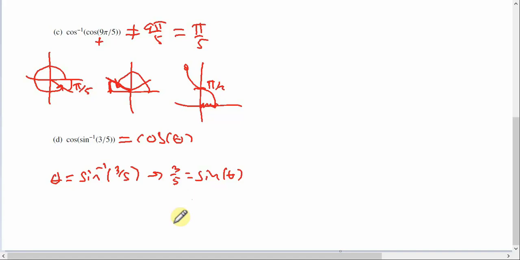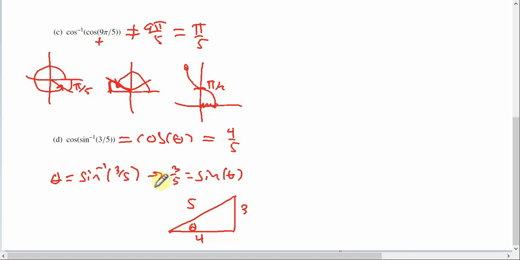I'll build a triangle for this. This triangle has theta there, and the opposite over hypotenuse are 3 and 5, and therefore this third side would be 4. So from this triangle, cosine would be 4/5.